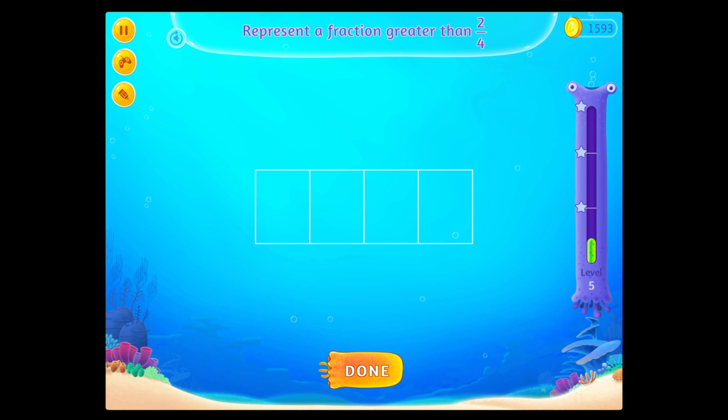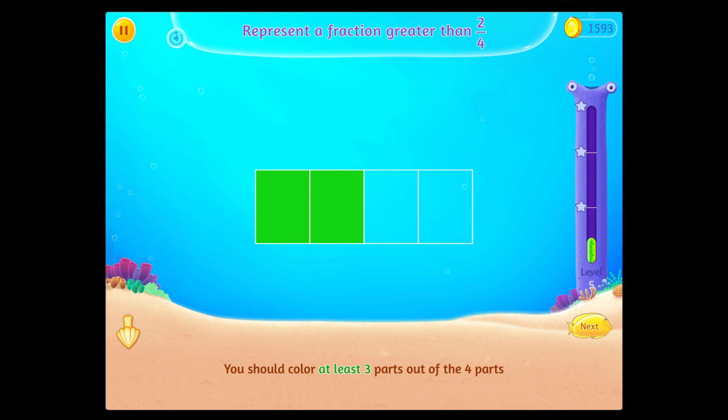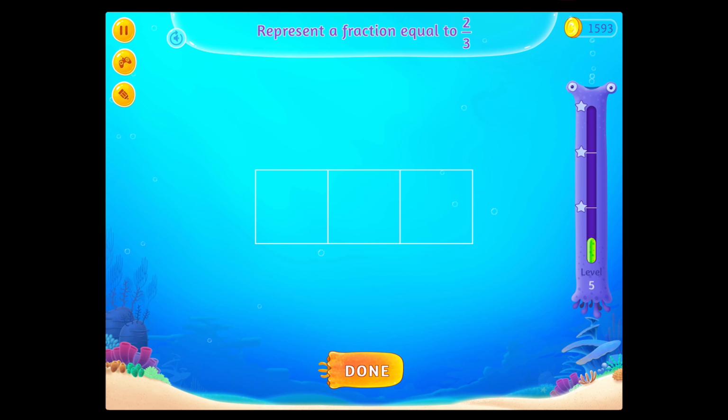Represent a fraction greater than 2/4. No! Represent a fraction equal to 2/3. You rock!